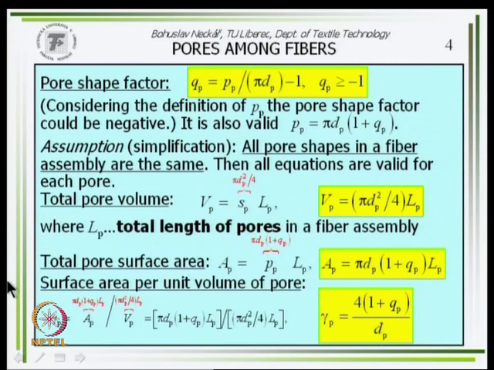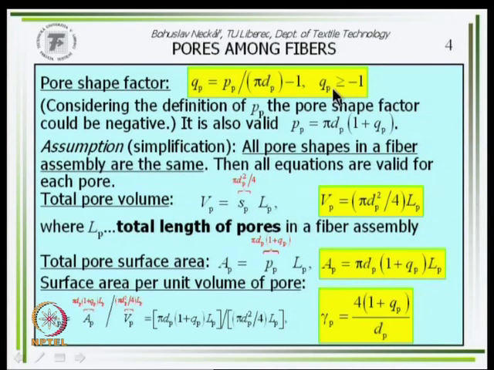All other equations are valid. QP for shape factor, same equation as for fibers, only subscript P. Nevertheless, QP, shape factor of pore, needn't be higher than 0, it can be also smaller than 0, because perimeter is without red fictive borders, and it must be higher or equal to -1.